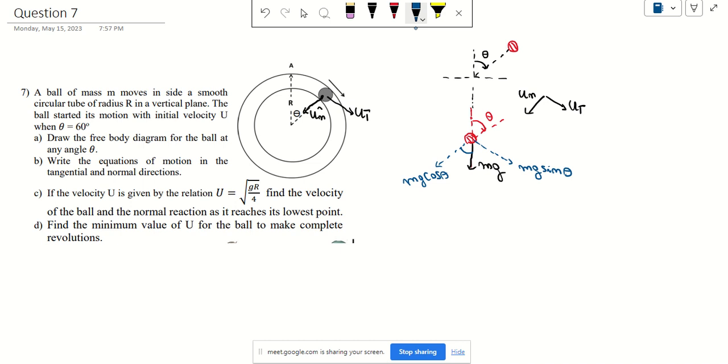We have just forgotten that we have a normal reaction. So we have here the normal reaction, and from its name, it's in the normal direction.